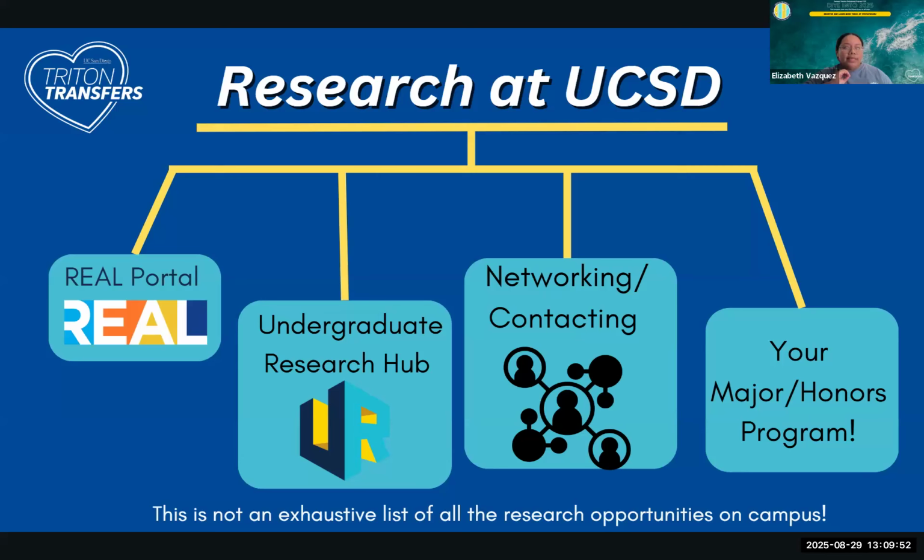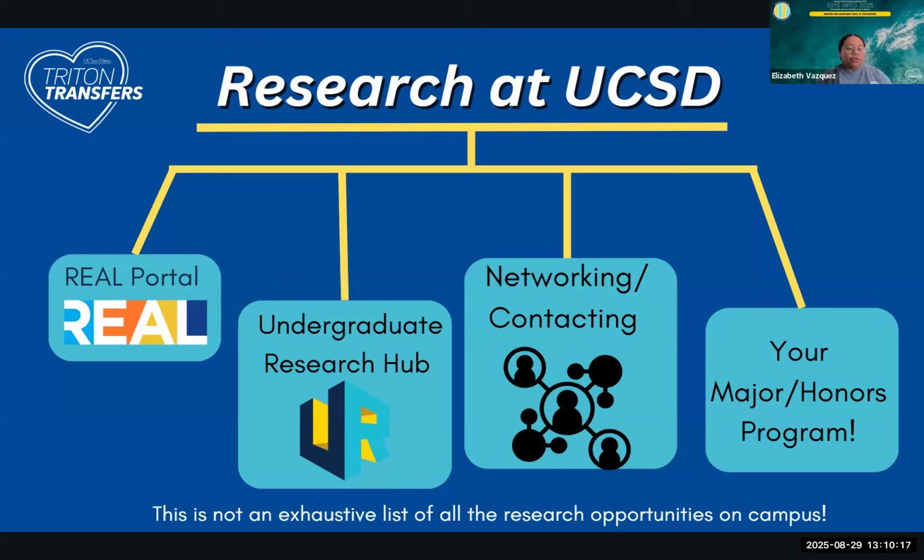Oftentimes when I meet with students, the big question is, where is there one place where all research opportunities are available? And it's kind of hard to find one place with an exhaustive list of all research opportunities. So the way that I like to explain it is these four areas.